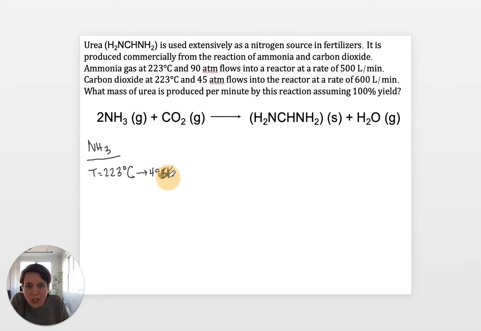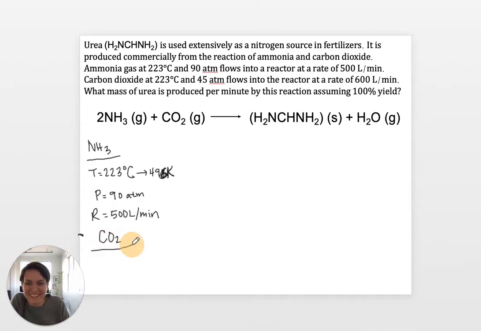Then we have a pressure of 90 ATM, flowing into a reactor at a rate of 500 liters per minute. We've never seen a problem in this chapter using rate before, but right now, instead of just being intimidated by a new unit, we're just going to move forward, continue assigning our variables, and see if maybe in the end it doesn't kind of go away.